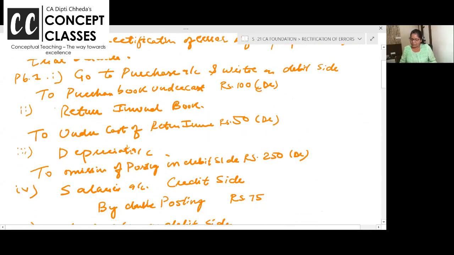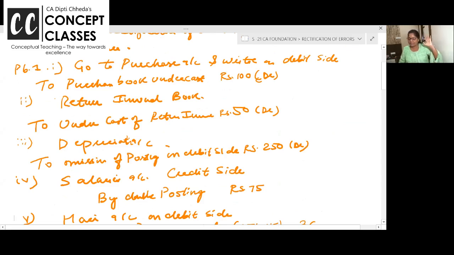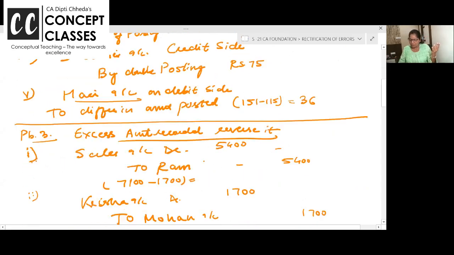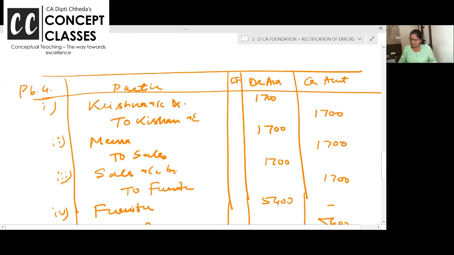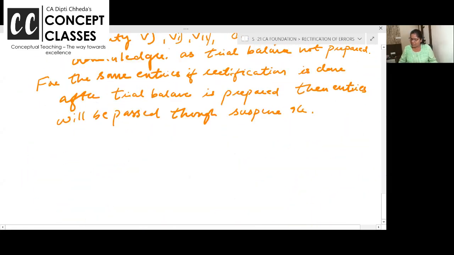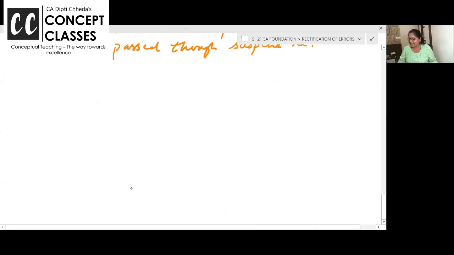See, problem number 1. Go and rectify. If purchase is under cost, as of now trial balance is not prepared, go and rectify. Same. Problem number 3 we have done, and problem number 4. If mistakes are there, rectify it. Okay? Chalo. So we have done till here.